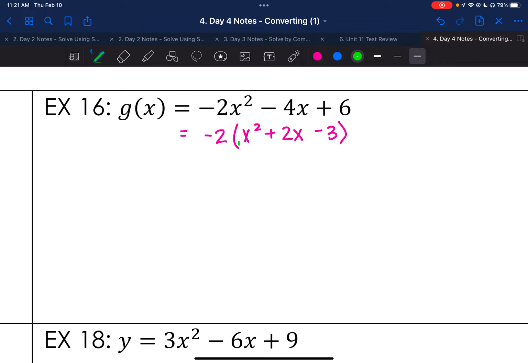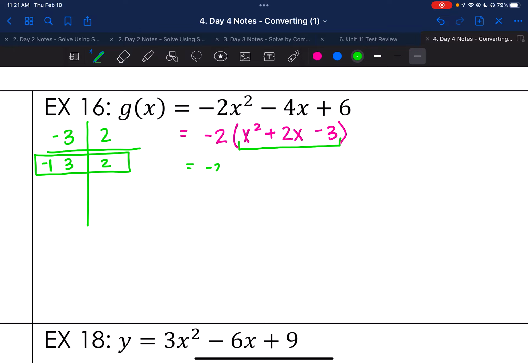Now with my new trinomial, we will do my a times c chart. So -3 and +2. 1 and 3 are my only factors of 3, and the way to multiply to get a -3 and add to get a positive is a -1 and a +3. That'll give me a +2.